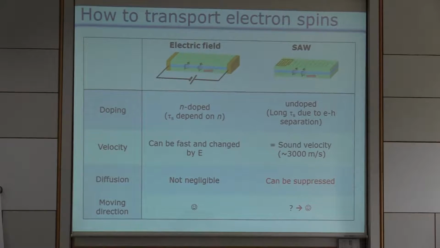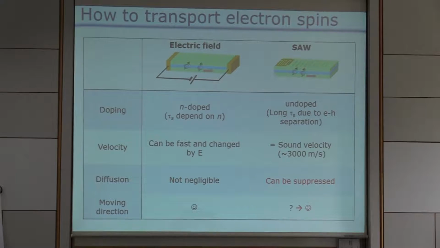So now I can summarize the difference between the electric field transport and acoustic transport of electron spins. I didn't mention the doping, but for the electric field transport, basically we need the conducting channel. That means we need the doping. But we have to be very careful about this because the spin lifetime depends on the carrier densities, so we have to choose the appropriate doping densities.